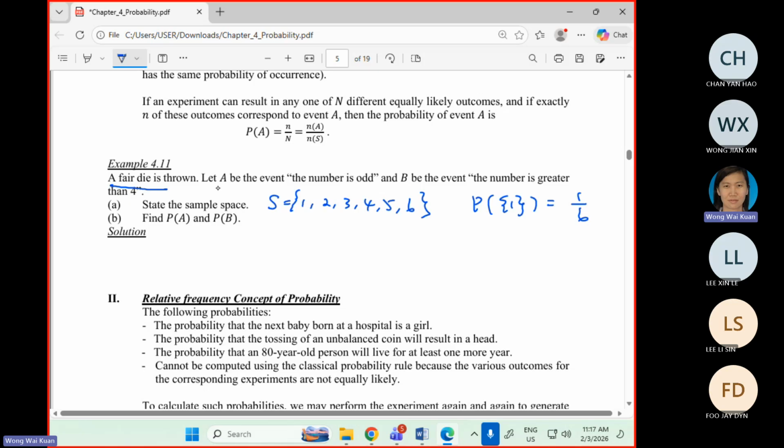But now my event A is the number is odd. So what is my event A? Odd is 1, 3, 5. So you see, whenever we talk about the event in the classical way, we put it into set form. Then we follow all the rules of the set. What do I mean by rules? You have this, what is this?